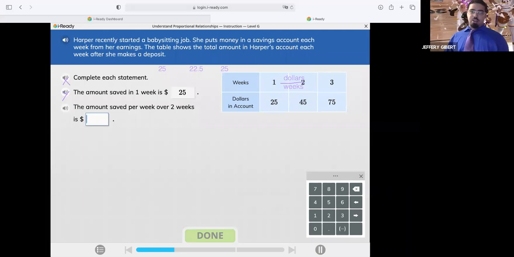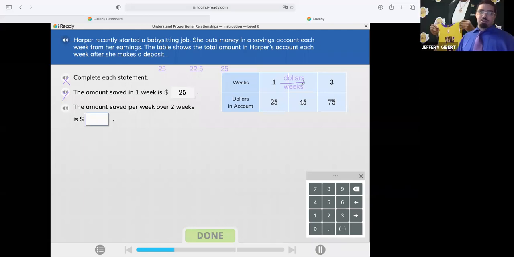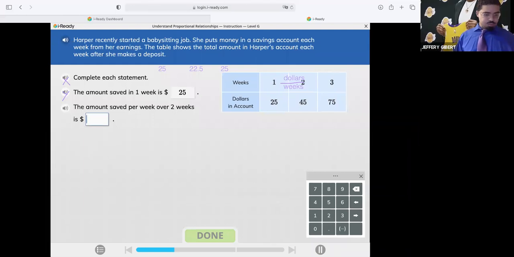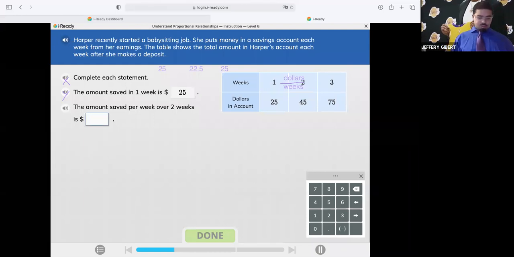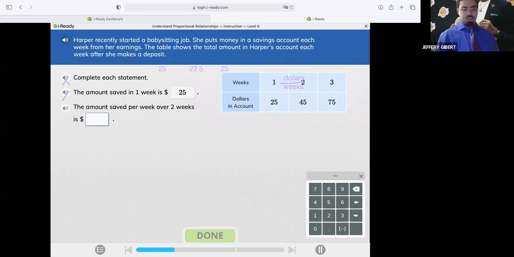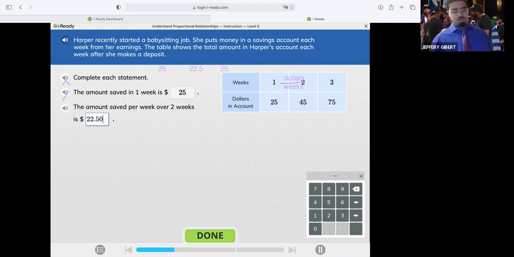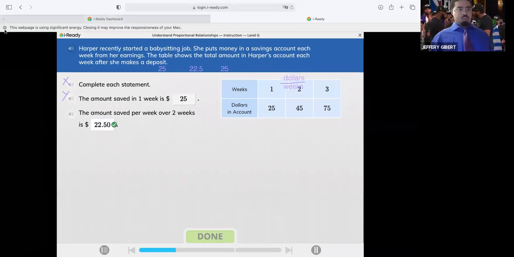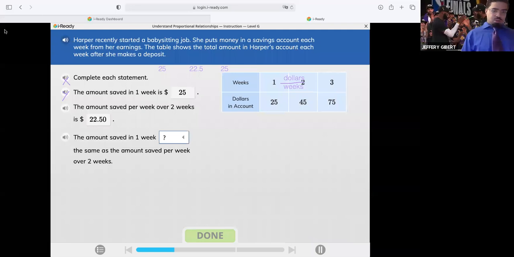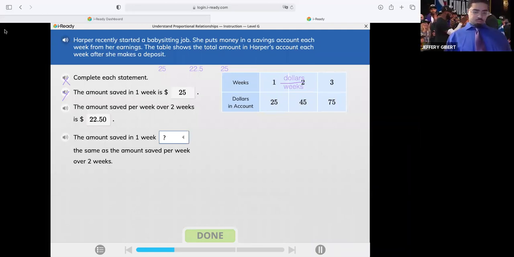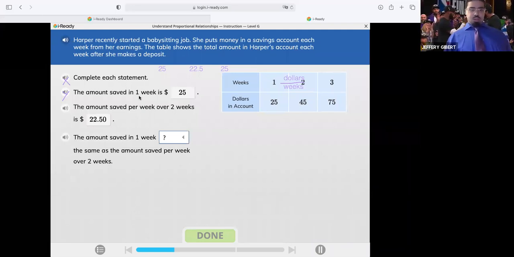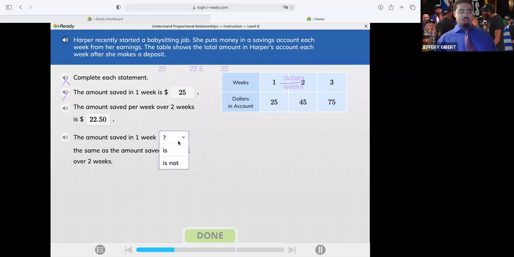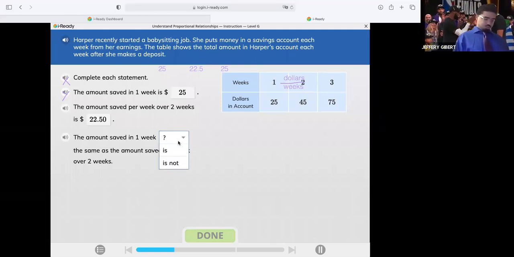All right, Kayla, what's the average for 2 weeks or the unit rate? 25. No, remember 45 divided by 2. 22.5, I meant. So 22.50, since it's money. And then the amount saved in 1 week is the same or is not the same?